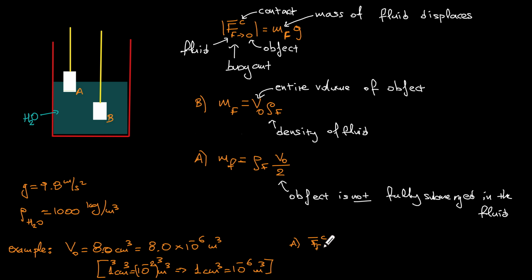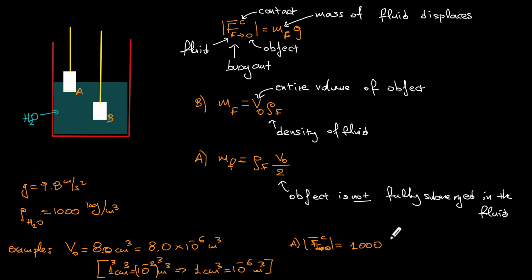from the fluid on the object is F on the object. This will be the mass of the fluid displaced, which will be the density of my fluid. So case A, I'm here. The density of water is 1000, and I have the volume of the fluid displaced.